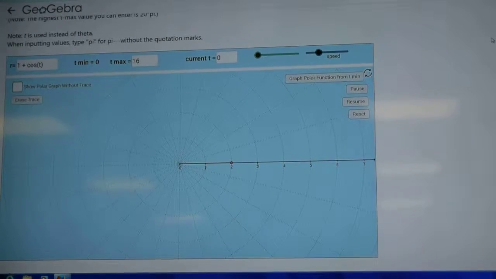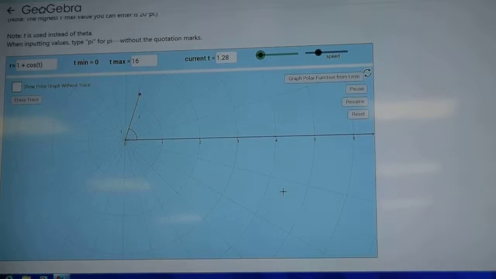Okay, let me show you some graphs, Friday. Polar equations. So here's 1 plus cosine t. And as I move around, you see these pink dots.